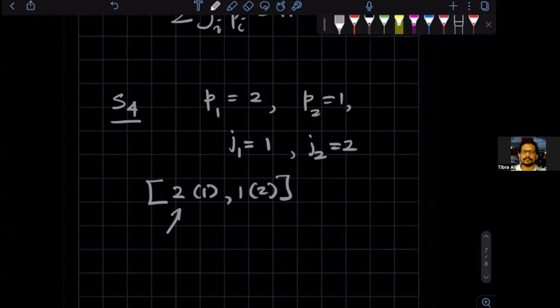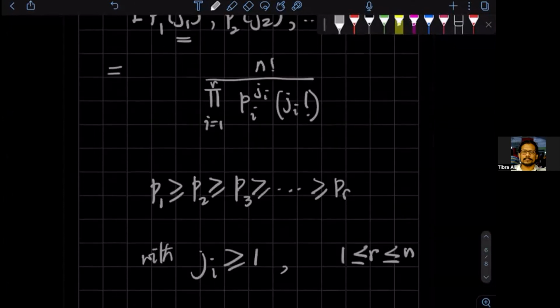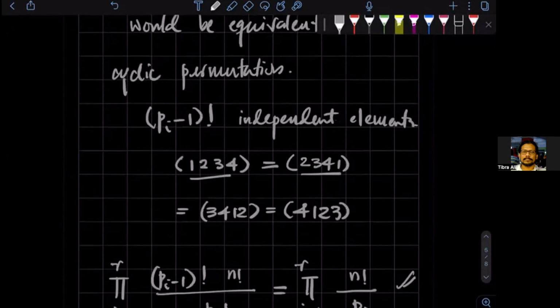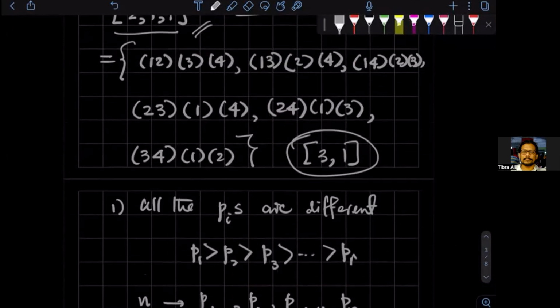So this is the size of the cycle, and this is the number of cycles. So what do these correspond to? They correspond to these things that we tabulated before. So here you see that we have a 2 cycle, 1 1 cycle, 2 1 cycles, okay? So the P's correspond to the size of each cycle, okay?